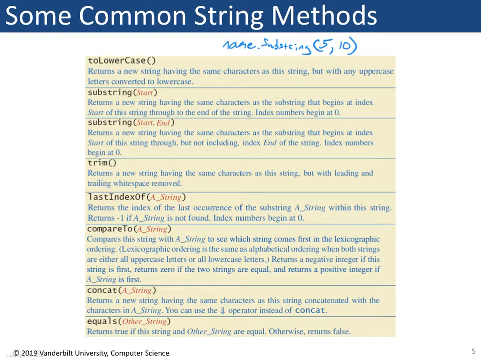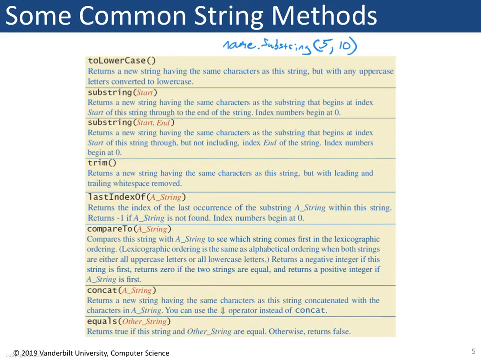So in the substring method, we said we wanted to get all of the characters between index 5 and 10. Well, what if there wasn't an index 10? What if this word is only 10 characters long? That means the last index is going to be 9.